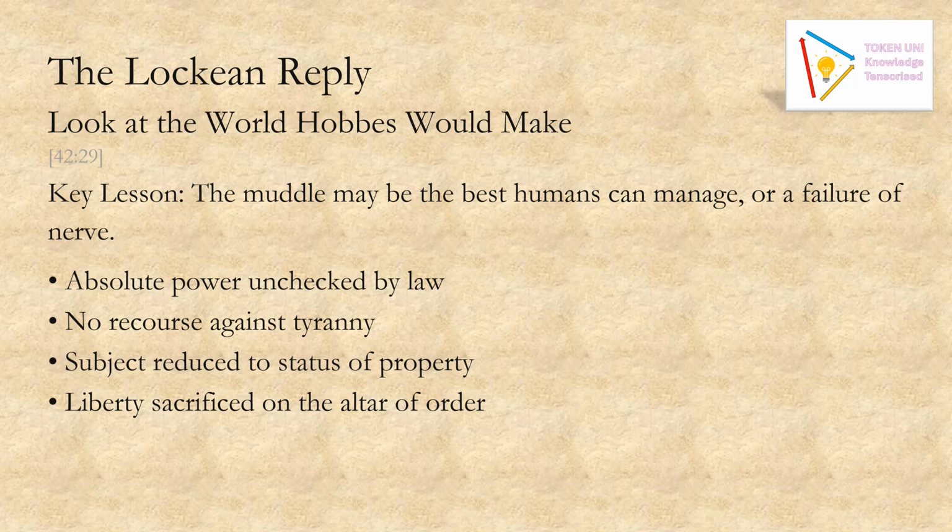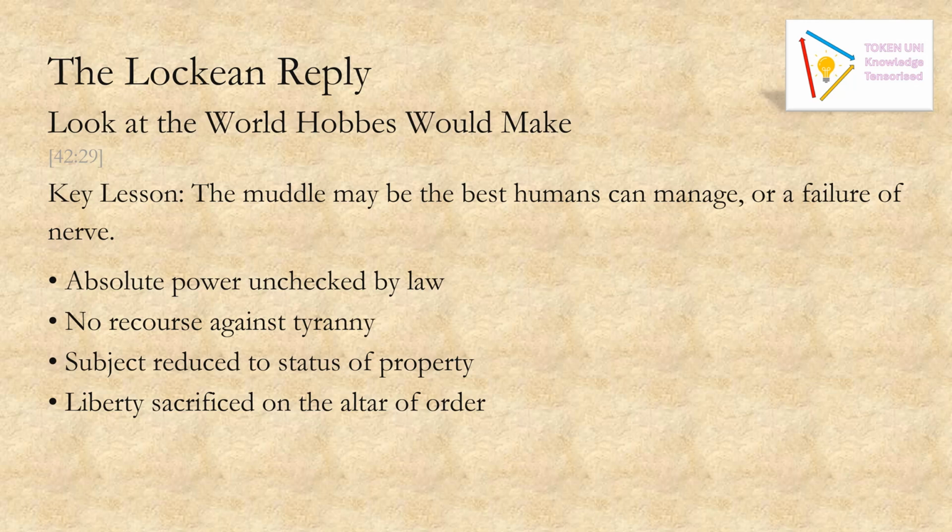We have neither Hobbes's absolutism nor Locke's consent in pure form. We have limited government, more or less, rights with exceptions, consent that is largely tacit, revolution that is threatened but rarely exercised. The model may be the best that humans can manage, or it may be a failure of nerve. Hobbes and Locke would disagree about which.